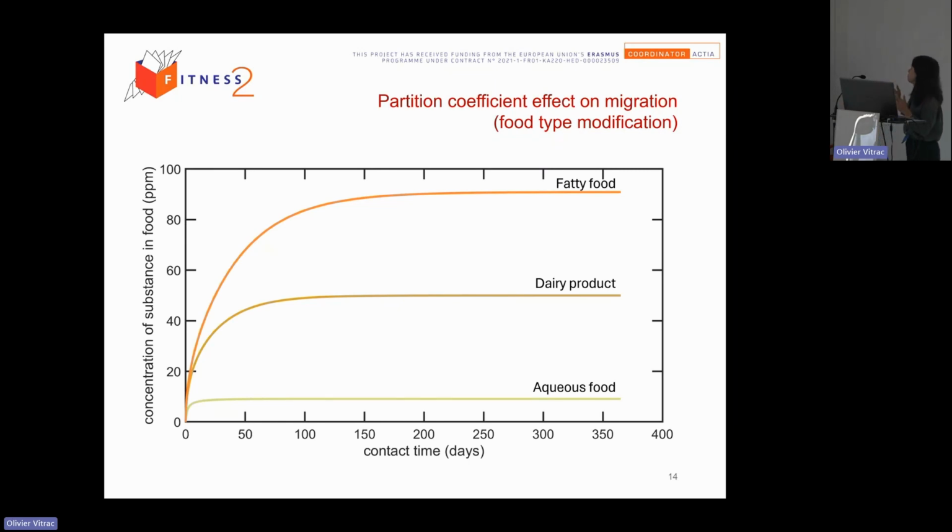It depends on the food type, because, for example, for this substance, I think it is Irganox 1076, an antioxidant in polyolefin, it is almost an apolar substance, and has the higher affinity with fatty food. That's why you can see the maximum of migration values. We have the higher migration value for fatty food than dairy or aqueous foods.